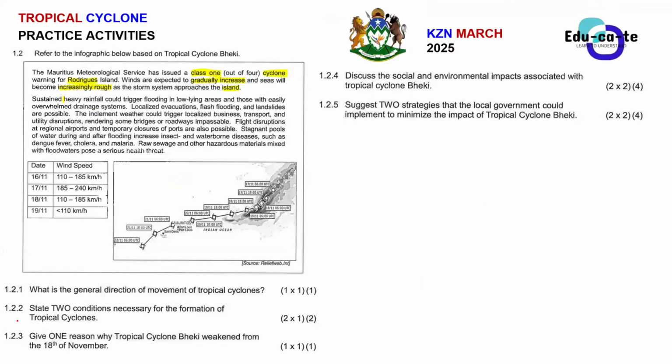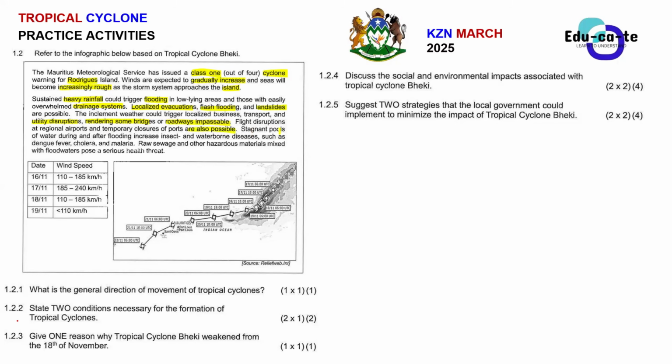So there is sustained heavy rainfall that could trigger flooding in the low-lying areas and those with easily overwhelmed drainage systems. There are localized evacuations, flash flooding, and landslides, utility disruption rendering some bridges or roadways impassable, flight disruptions at regional airports, and temporary closures of ports are also possible.